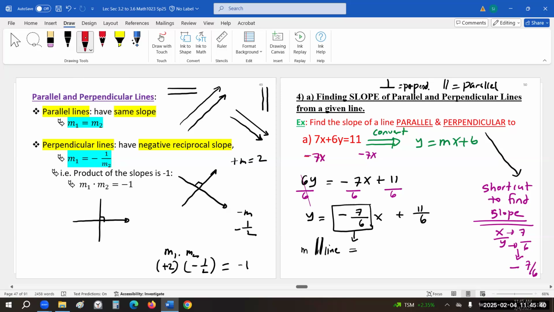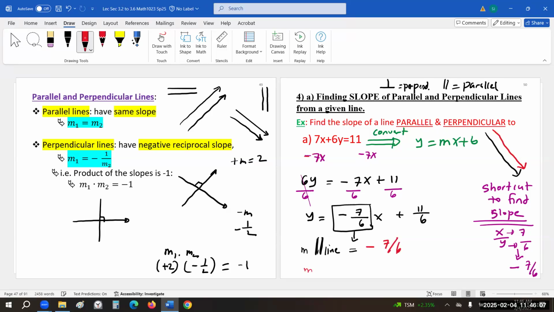If the given line has a slope of negative 7 over 6, what is the slope of its parallel line? Parallel lines have what type of slope? Same slope, right? So since the given line has this slope, the parallel line must have the exact same slope. So it's negative 7 over 6.